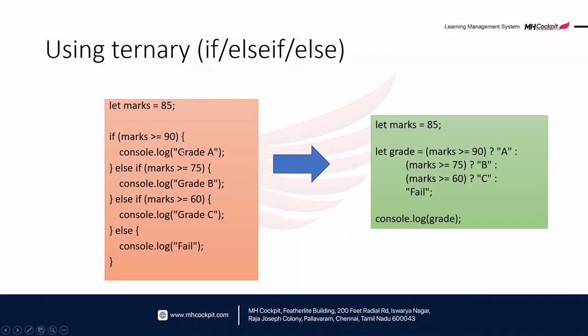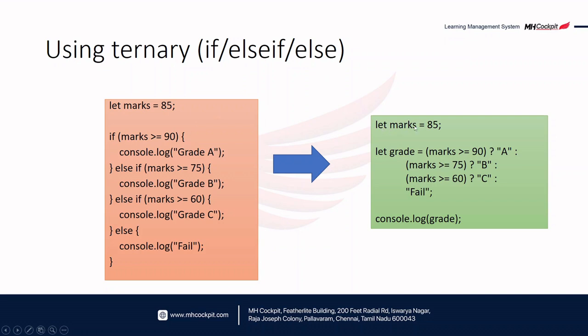Here let mark is equal to 85. So I initialize the mark as 85. If the mark is greater than 90, grade A, greater than 70 means grade B, greater than 60 means grade C. So here I used if, else if, else if, else, and finally the else condition represents fail. This is the code. The same thing I can write like this.